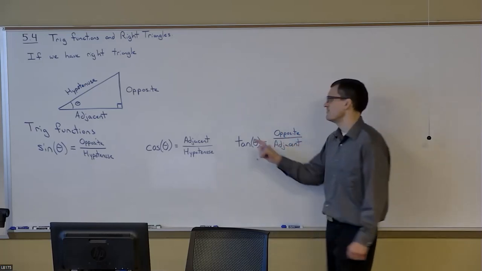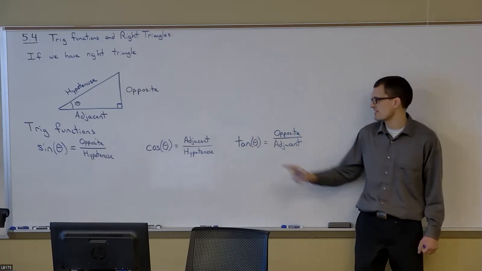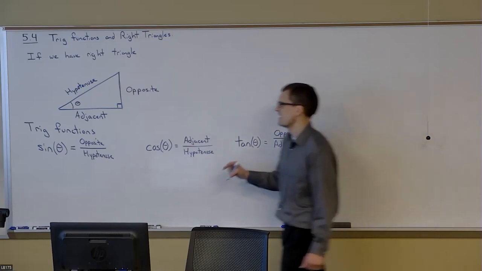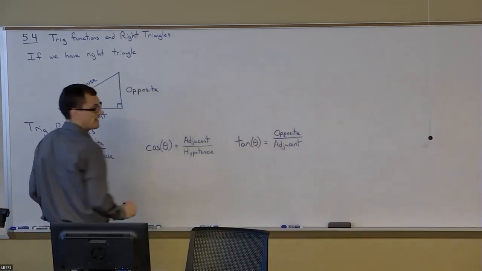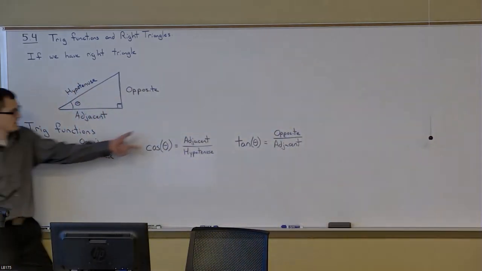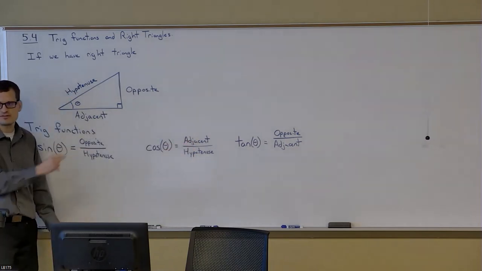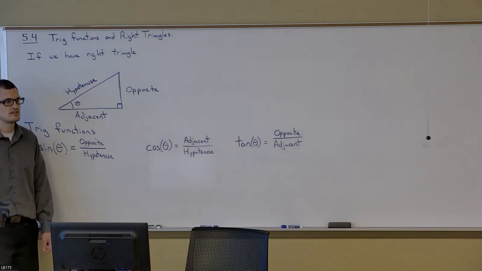By the way, I could have figured out what the tangent is by just saying, well, isn't the tangent sine over cosine? And if I could take this one divided by this one, the hypotenuses cancel each other out, and you're just left with opposite over adjacent. Does that make sense? So you could have done that as well.